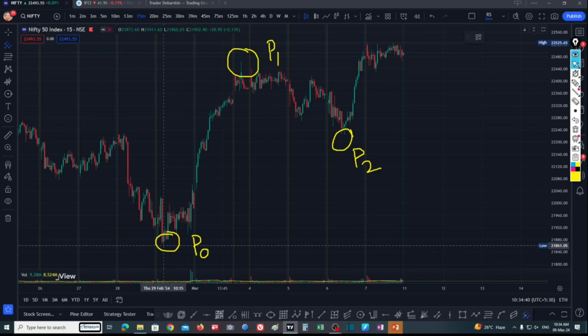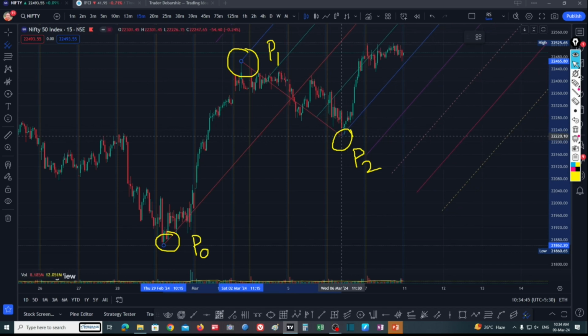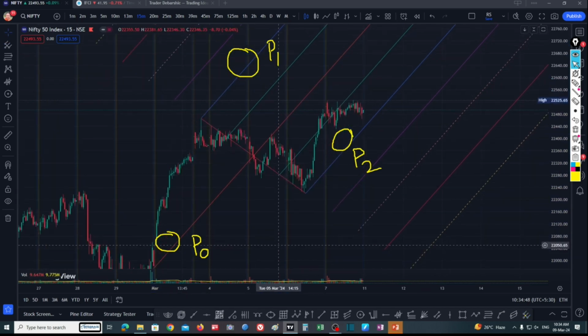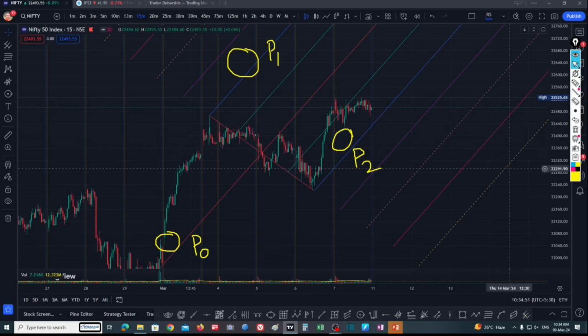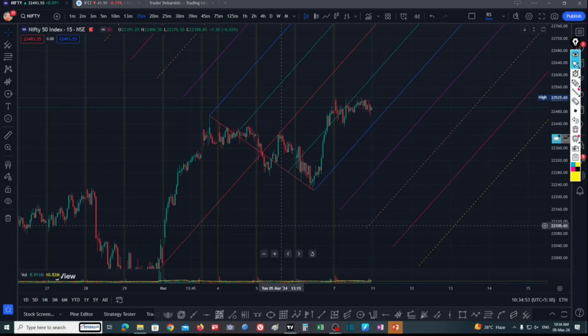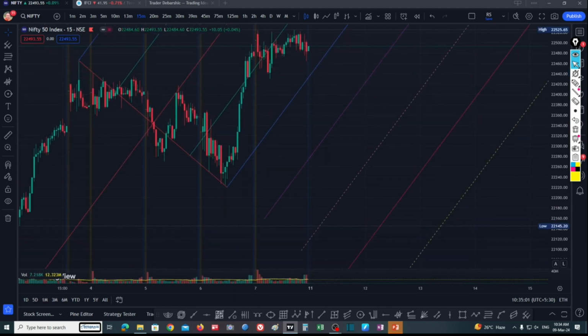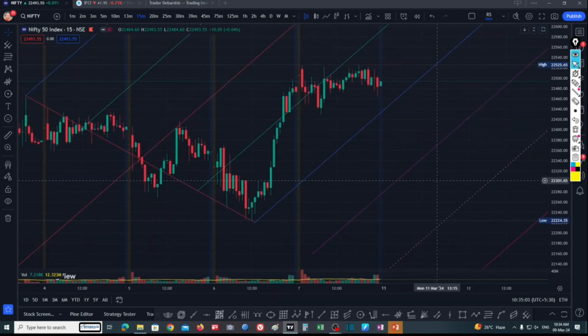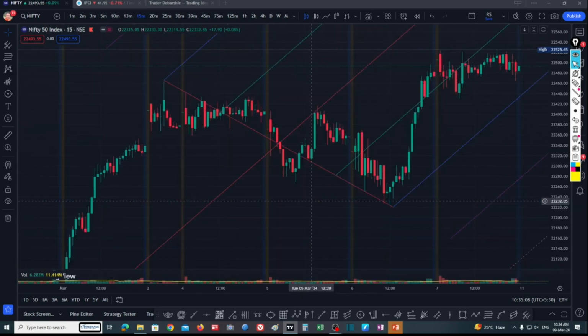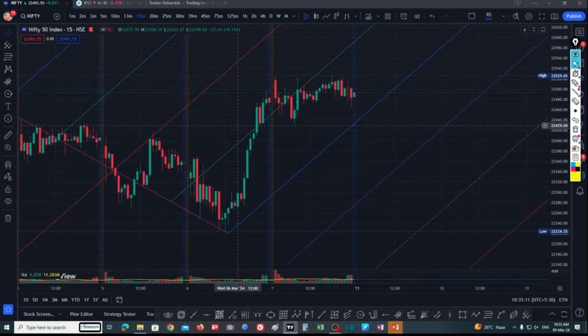So we put one pitchfork, and if we want to go to the micro also, suppose this level, here we also use pitchfork. Suppose we want to follow this trend, so we can go to the 5 minutes chart.